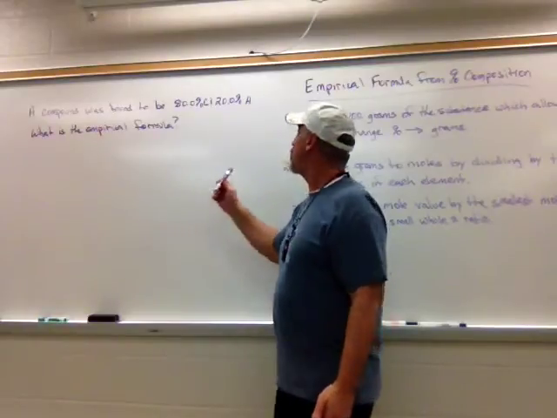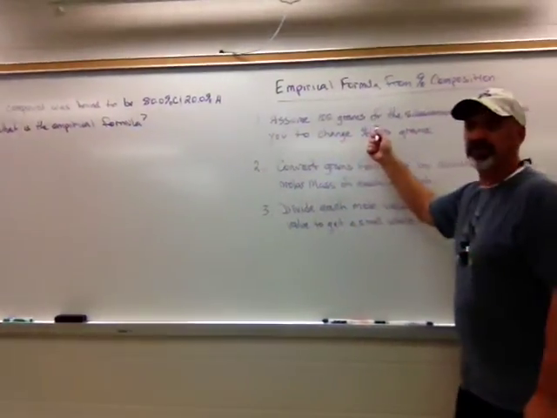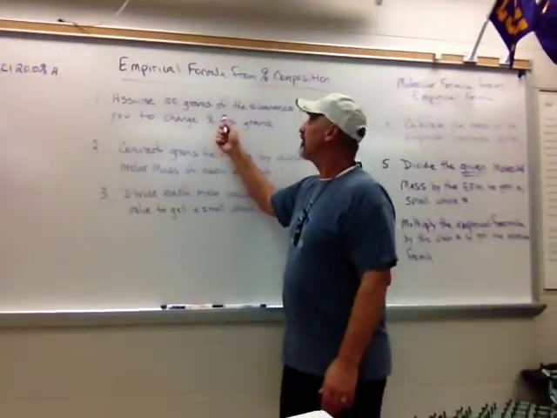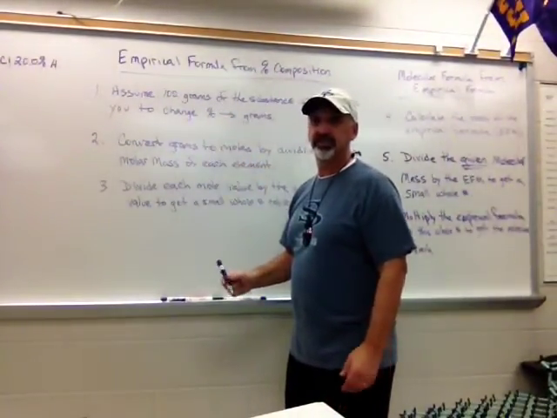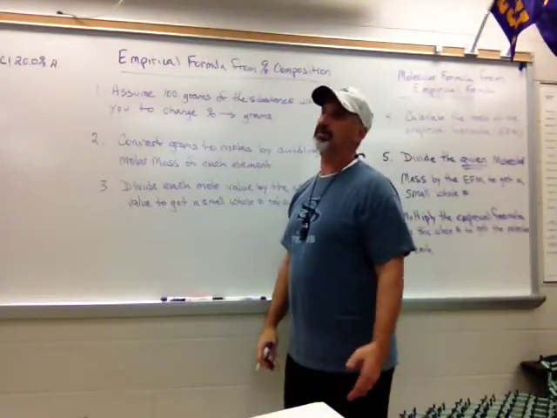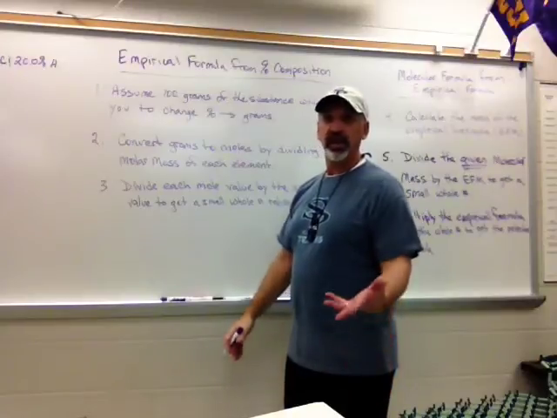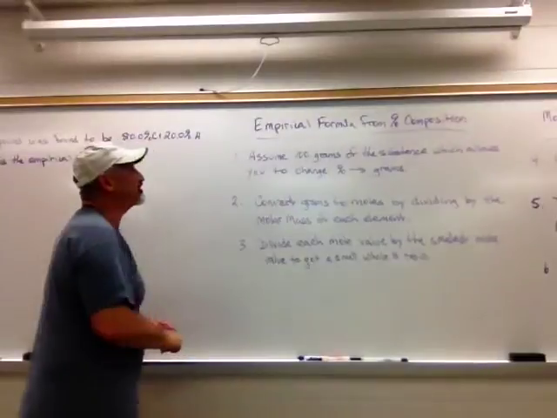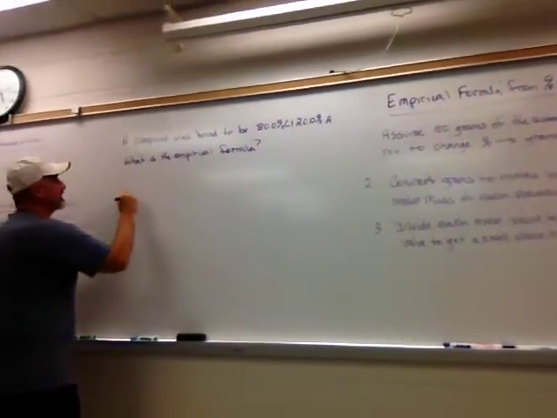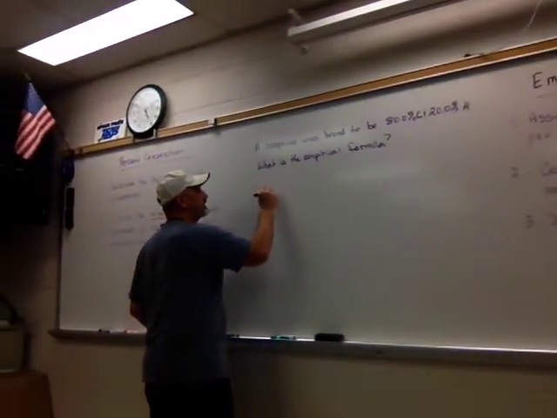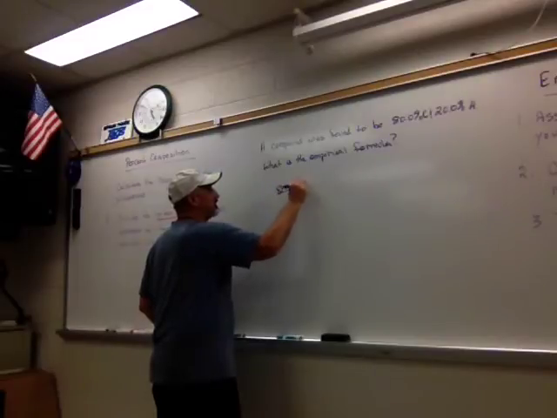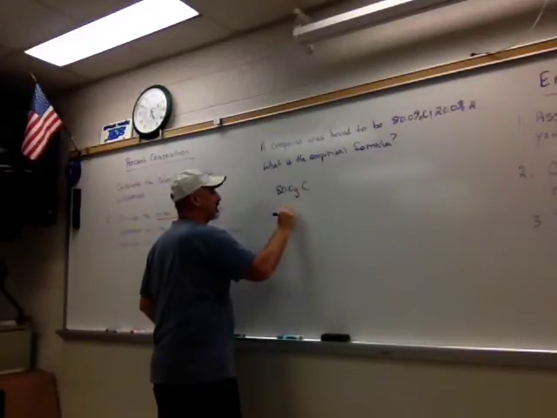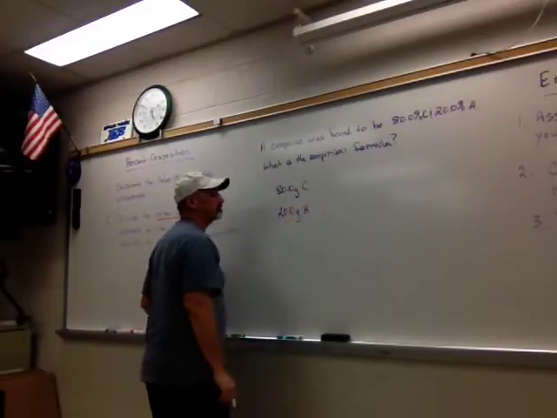If I assume I have 100 grams, what is 80% of 100? Hopefully you can do that in your head. 80% of 100 is 80. So if I choose 100 grams, I can just change my percent to grams. I have 80 grams of carbon and 20 grams of hydrogen.